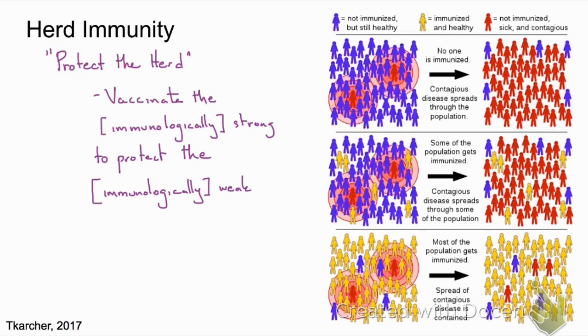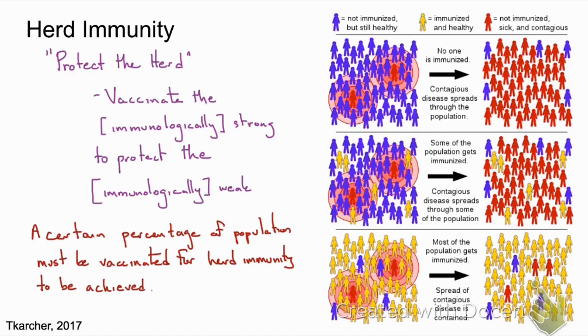And again, this immunization can either occur naturally or it can occur artificially through the direct exposure to an antigen of the pathogen. And in this case here, what we find is that the population of individuals who have been immunized protect those individuals who have not been immunized and still remain healthy.